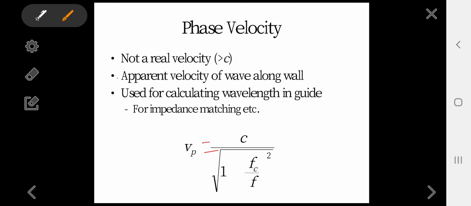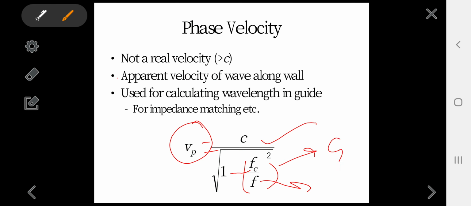Phase velocity is represented by vp. c is the velocity of light, and the equation is vp = c / sqrt(1 - (fc/f)^2), where fc is the cutoff frequency, f is the operating frequency, and c is the velocity of light.